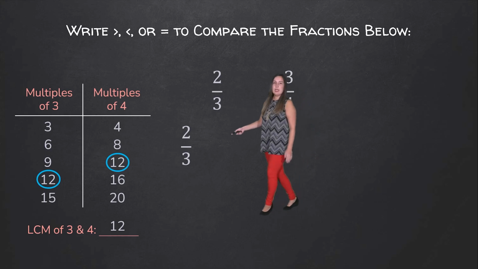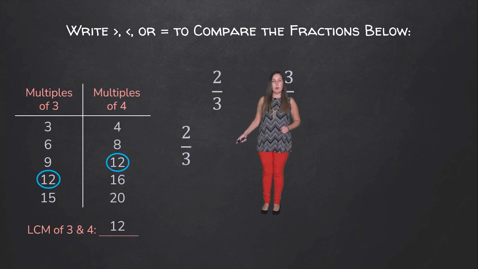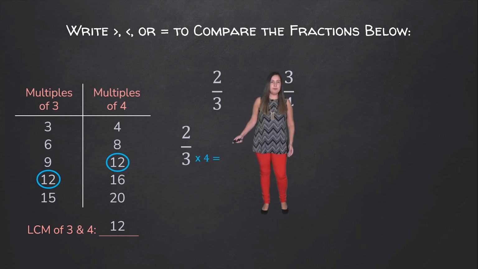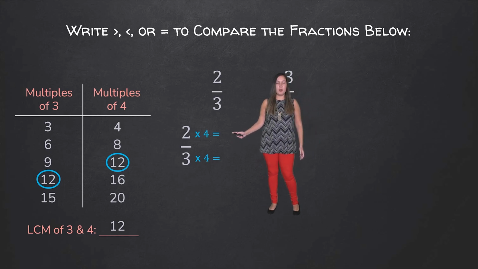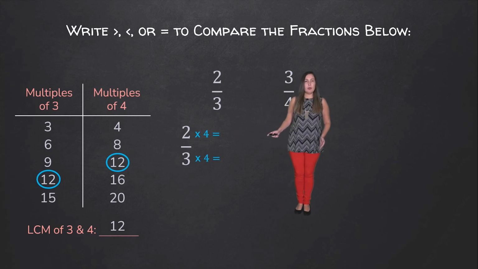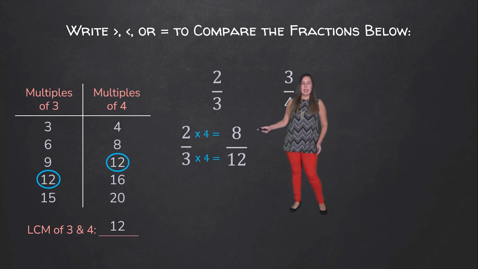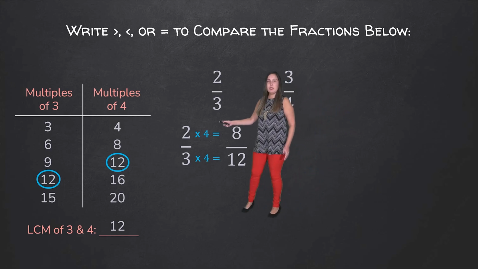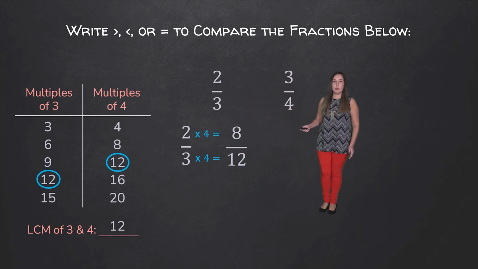In order to take 3 and make that 12, we're going to have to multiply it by 4. Now, whatever we do to the denominator, we must also do to the numerator. So if we multiply both of these by 4, we're going to end up getting 8 out of 12. And that's because 2 times 4 is 8, and 3 times 4 is 12.